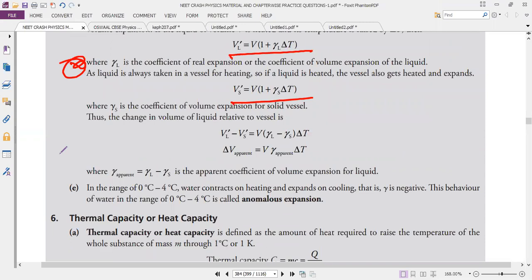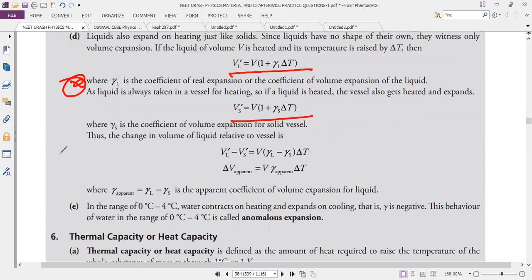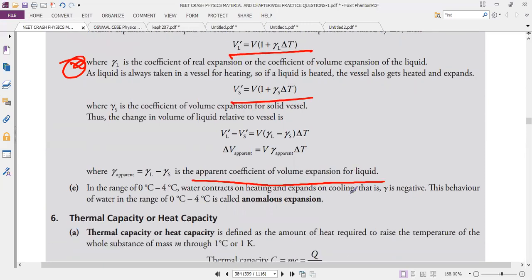The difference: gamma apparent equal to gamma L minus gamma S, the apparent coefficient of volume expansion for liquid. Okay. So this is also very important topic.